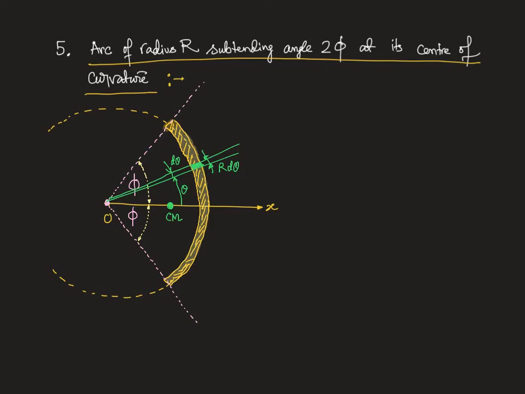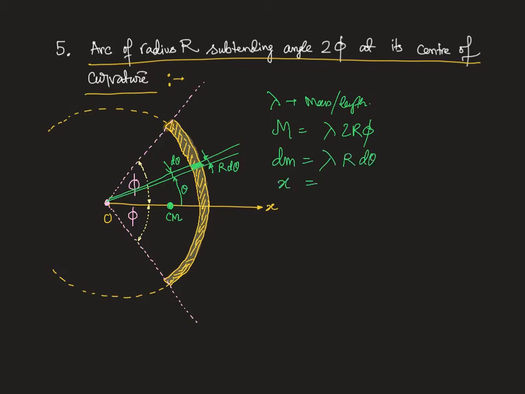Suppose lambda is mass by length, which we can assume because it is a uniform distribution of mass. So the total mass is equal to lambda times 2r phi, and dm is equal to lambda times r d theta.